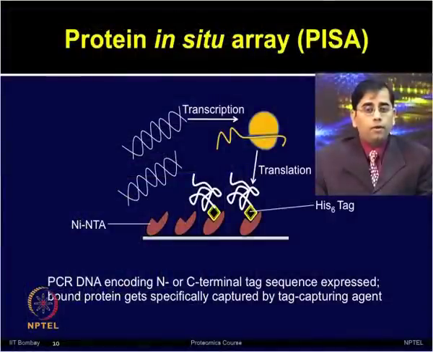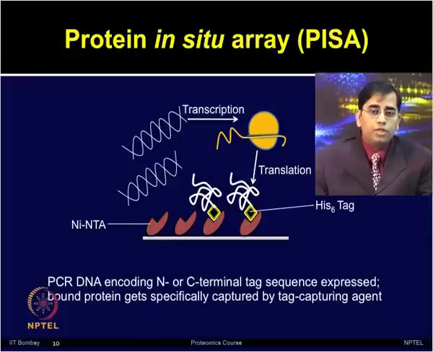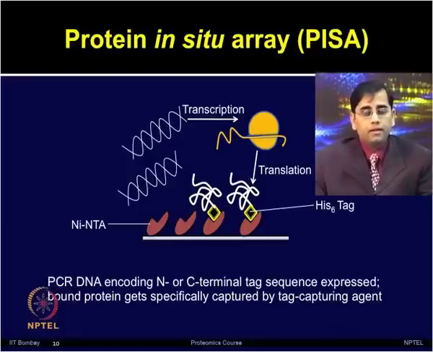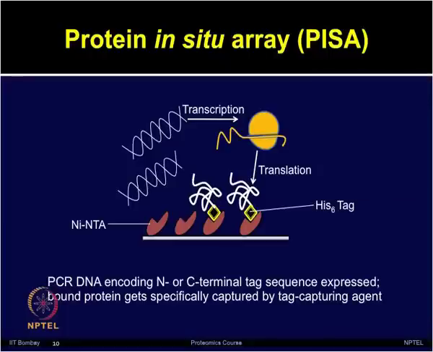So, overall the PISA method utilizes PCR, DNA which encodes an N or C terminal tag sequence, and then transcribes and translates the cDNA of interest into the protein, and this protein which is synthesized after cell free expression gets specifically captured by the tag capturing agent.